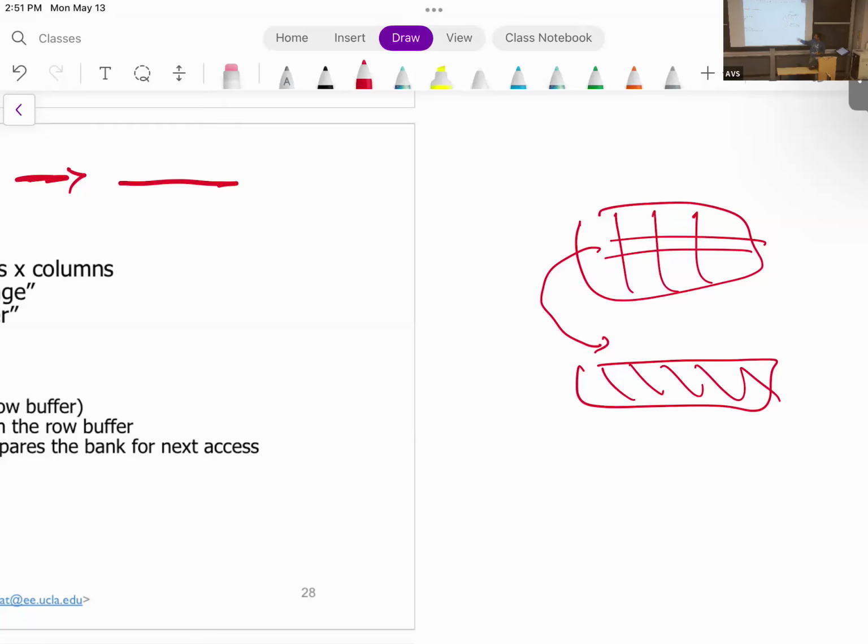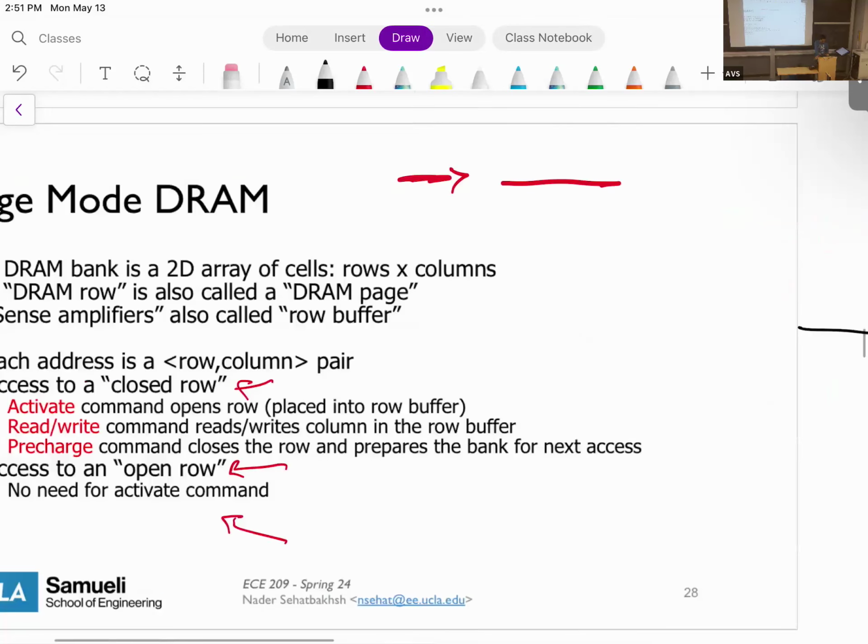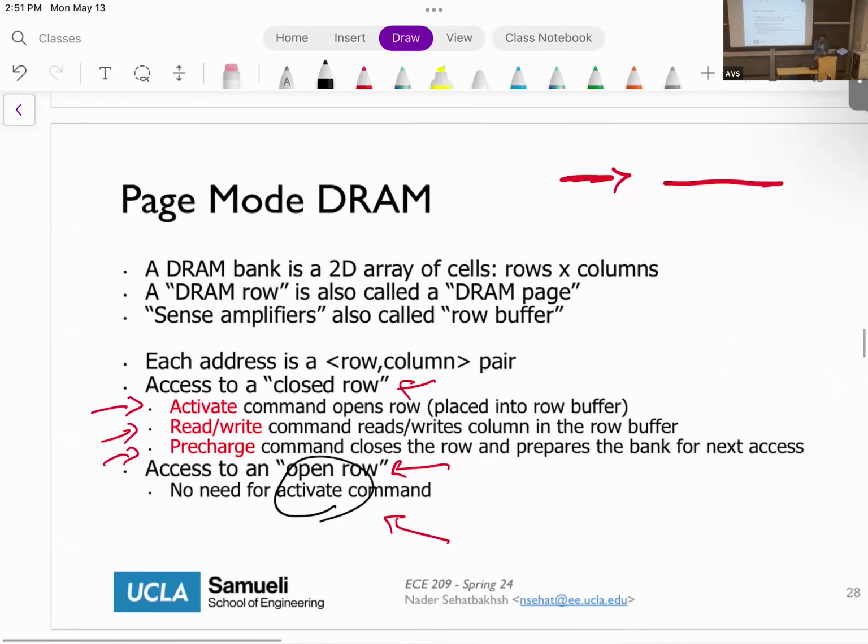I don't close the row, which means that I'm anticipating that this same row is going to be used again in the future. Next time an address comes, if it is in the same row, I don't need to activate anymore because I already read this row. So I just bring the next block and read that block. In other words, I'm saving on the activation command, which is quite time consuming, okay?